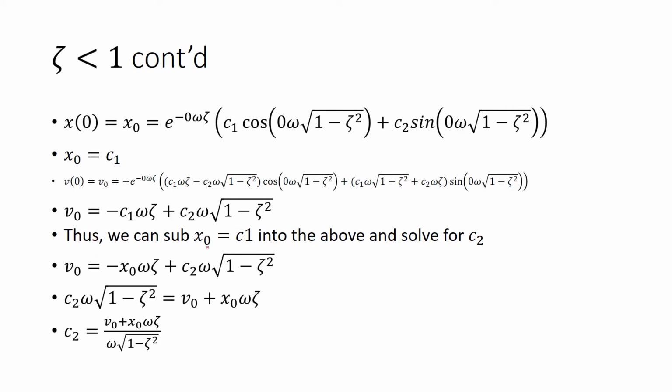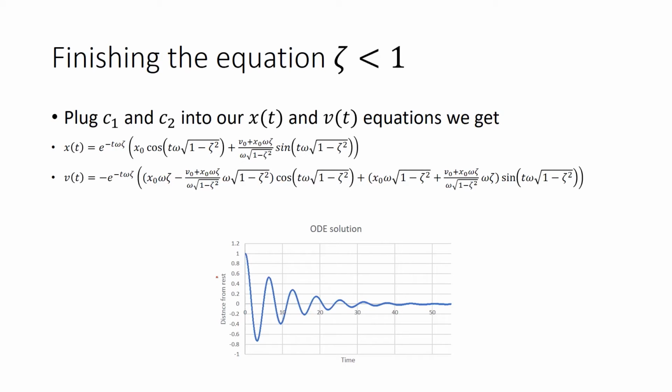Then we can sub in that x naught is equal to c1 into the above, and find, of course, c2, because we already know what c1 is, so there's no point in trying to find c1 again. So we plug that in. X naught goes where our c1 was up here. We just rearrange, and we find that c2 is equal to v naught plus x naught times omega zeta over omega square root of 1 minus zeta squared. And there we have it.